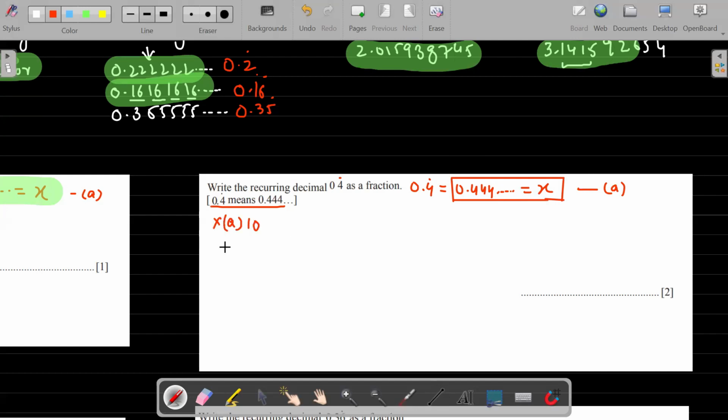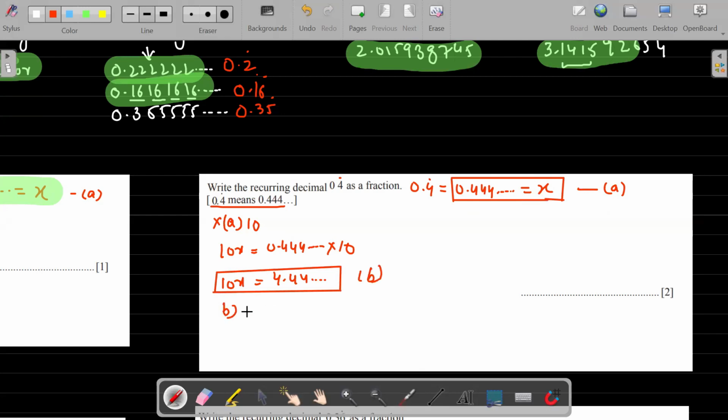So it will be 10x equals 0.444 and so on times 10, and it will be 4.44 and so on. I'm considering this as my equation B.